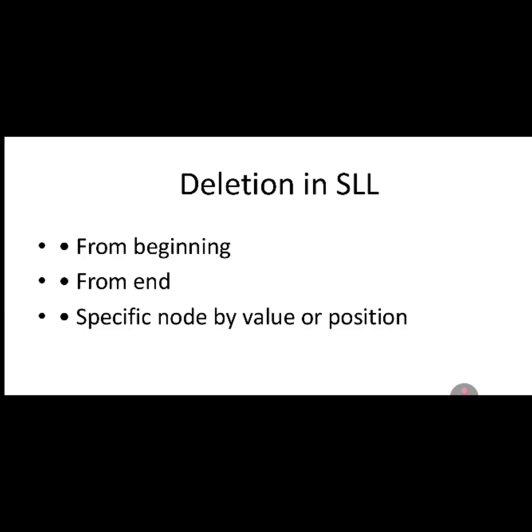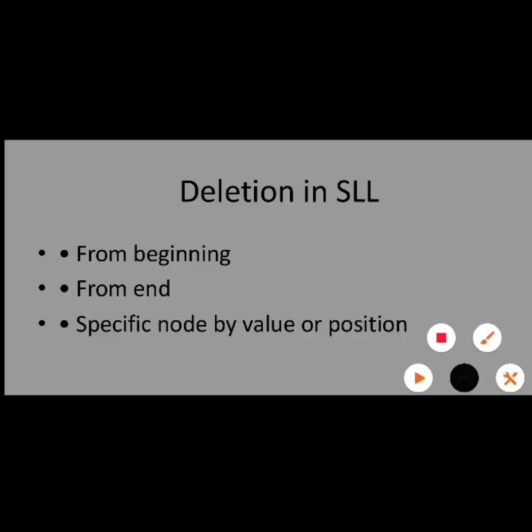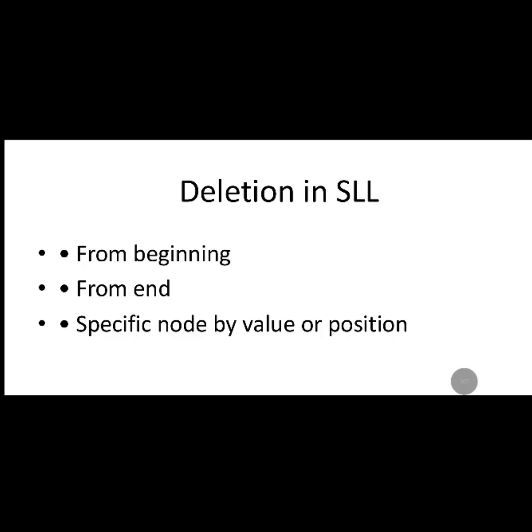By following these steps, we can easily do deletion either from beginning or end or a specific node. Now let us see the structure of deletion from beginning, from end, and from a specific node.